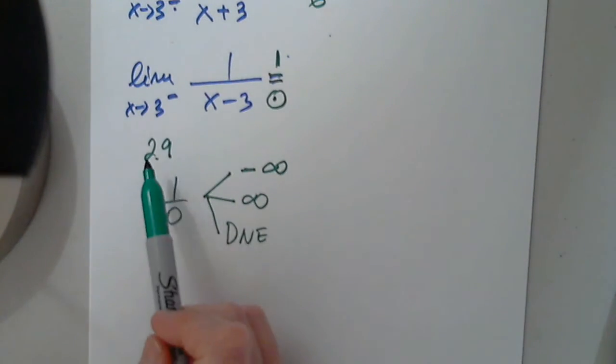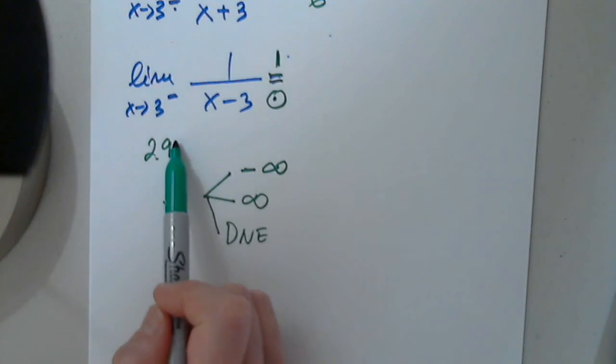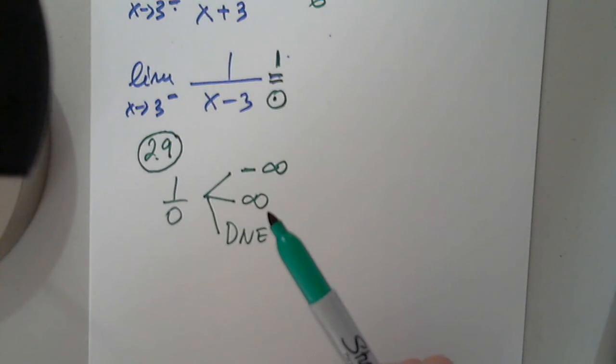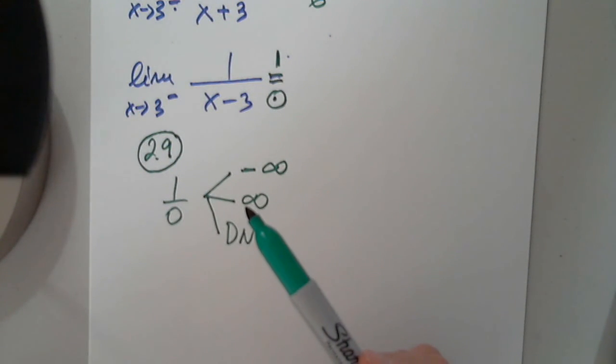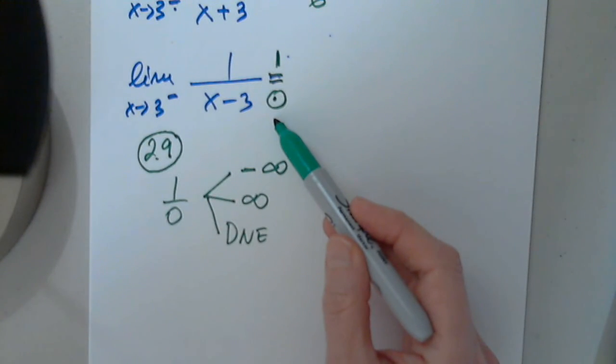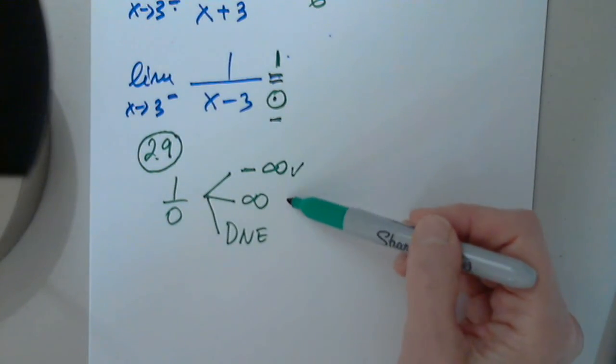So now please plug in a number close to 3 from the left, like 2.9, and tell me the sign in the denominator. Just the sign. Negative. Good.